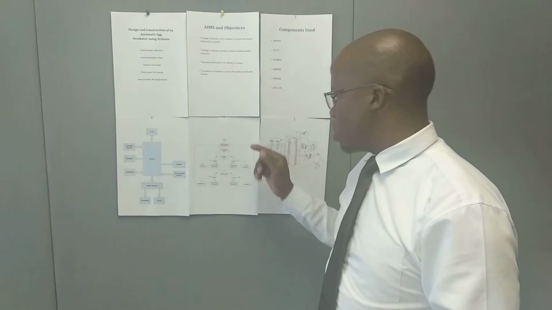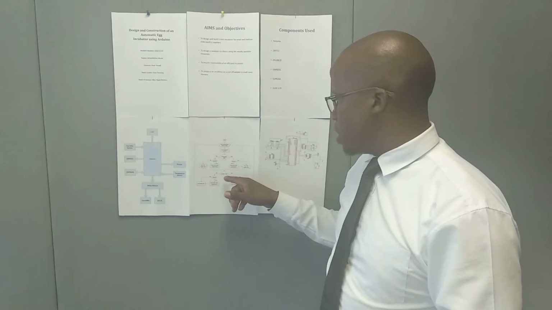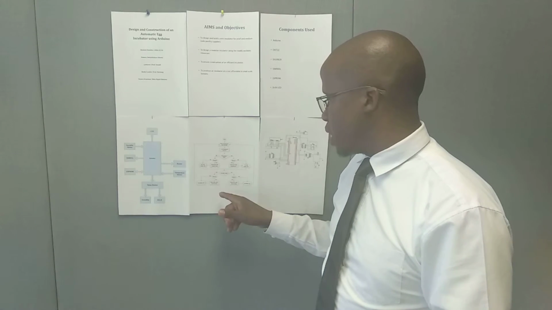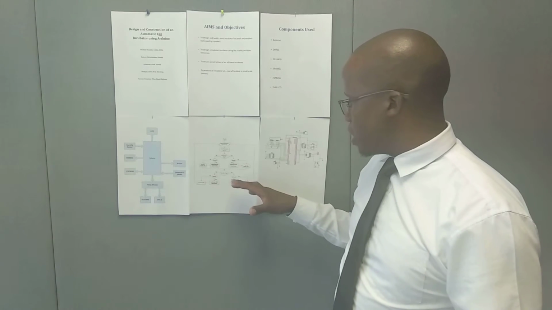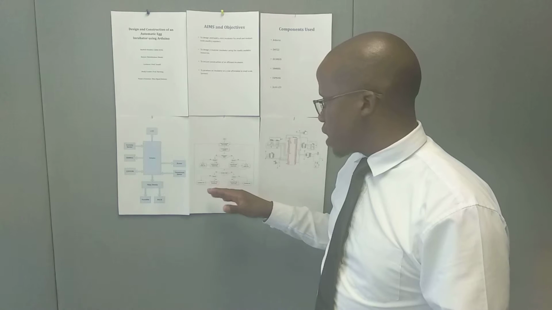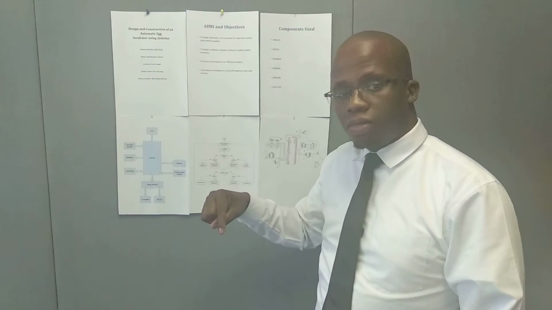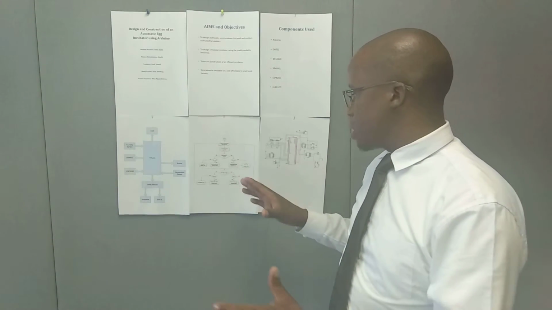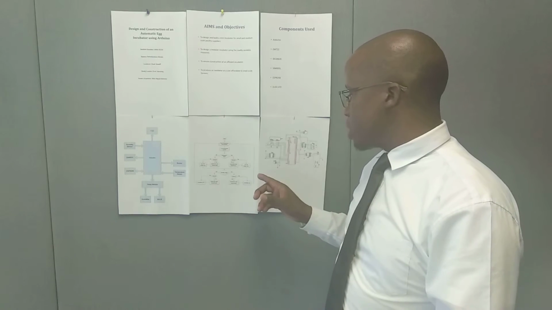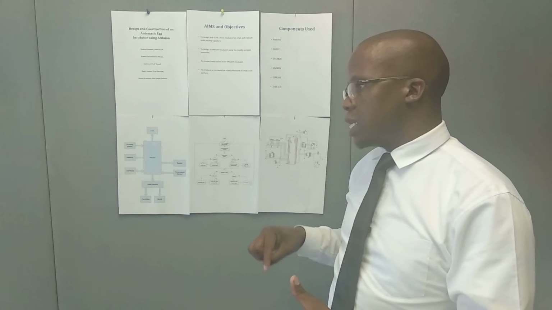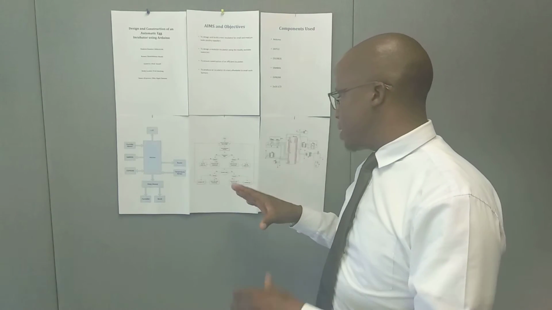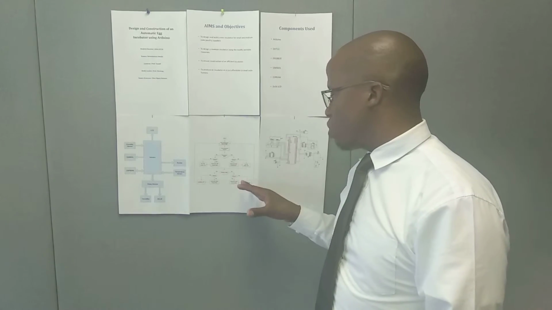If it's high and critical, then it will send an SMS alert, and it will automatically switch off the humidifier. If it so happens that the humidity is low, it will also send an SMS alert, which will then turn on the humidifier.